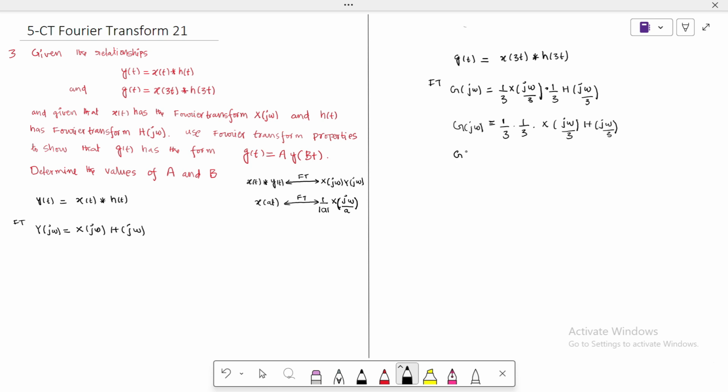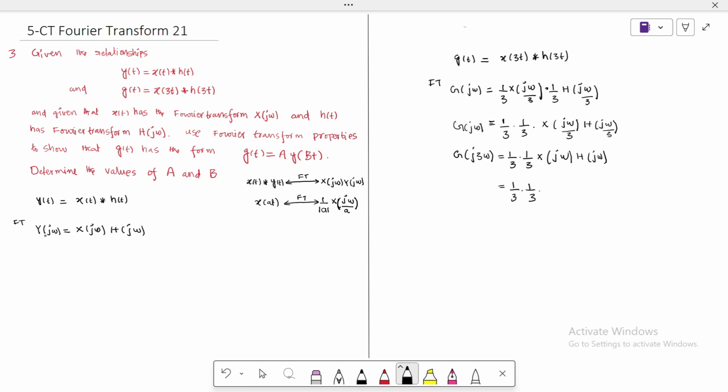So G of j into 3 omega equals 1 by 3 into 1 by 3 X of j omega. Substituting omega with 3 omega, the 3 gets cancelled. So here also H of j omega. So X of j omega and H of j omega equal Y of j omega, we know that. So 1 by 3 into 1 by 3.